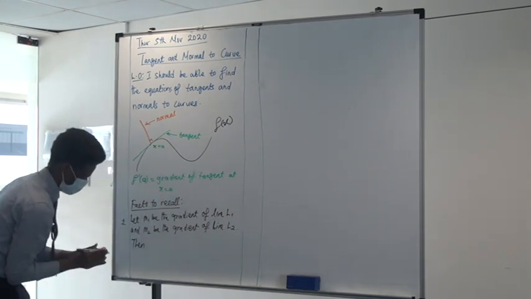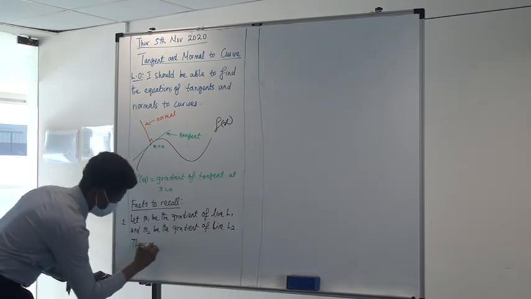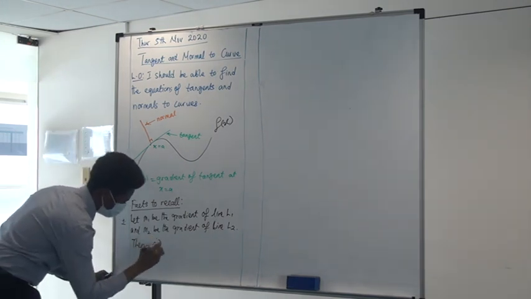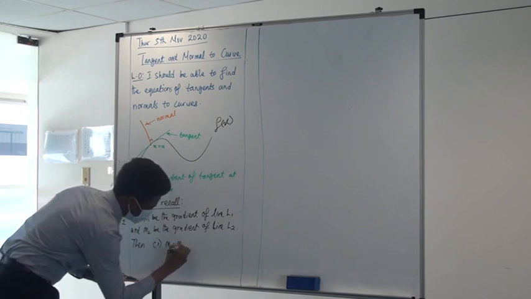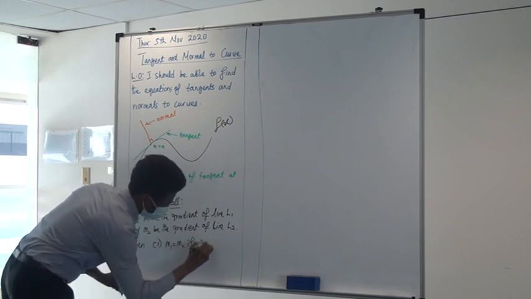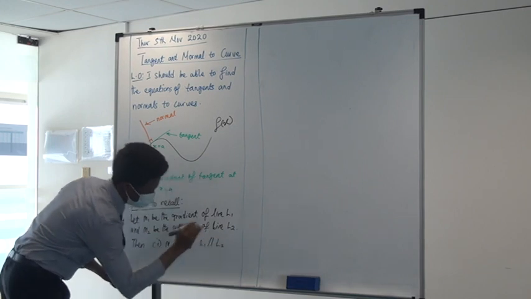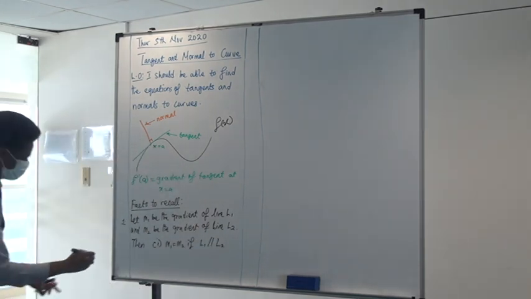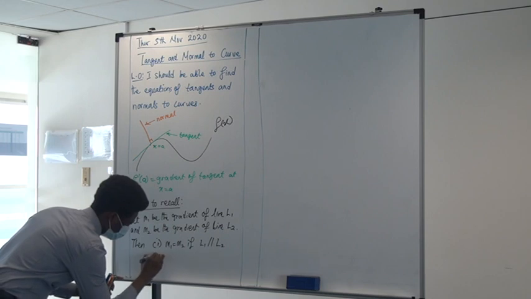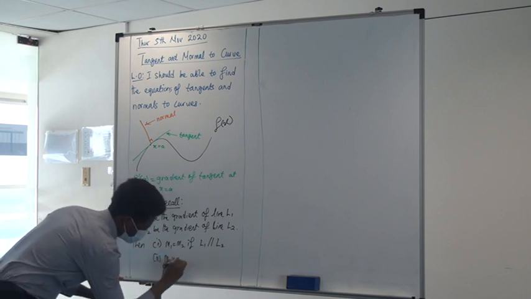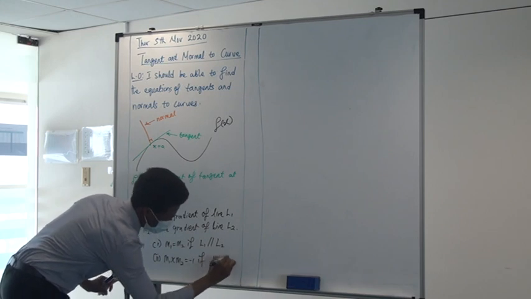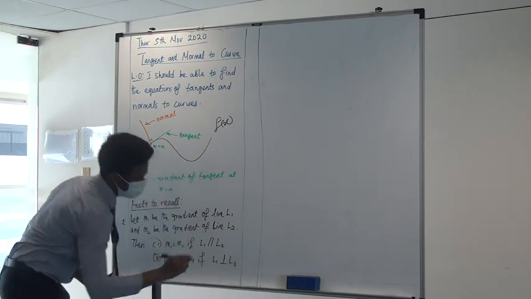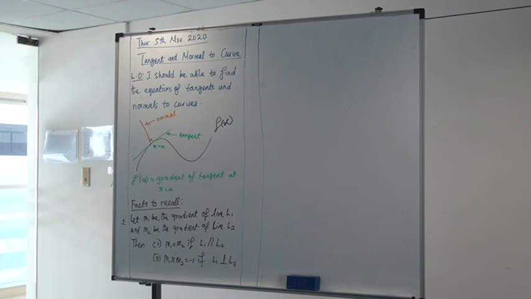Then M1 equals M2 if L1 is parallel to L2. And the second, M1 times M2 is equal to -1 if L1 is perpendicular to L2. These are previous knowledge that we need to recall.